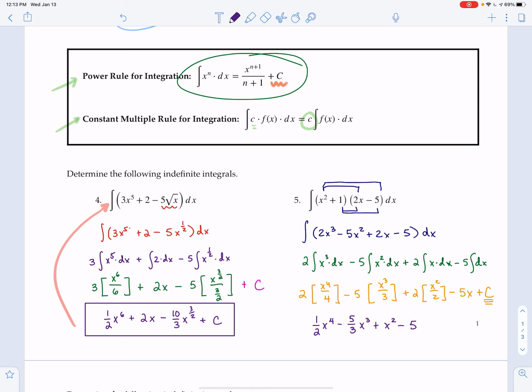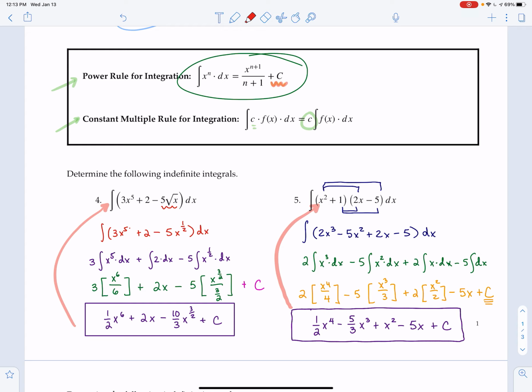Minus 5x plus c. And again, I've said it before, I'll say it again, and this is how conceptually it helps my students in the past the most, is if I were to take the derivative of my answer, I would get back to my original function, or in this case, since I had to do a little manipulation at the beginning, I would get back to this function here.